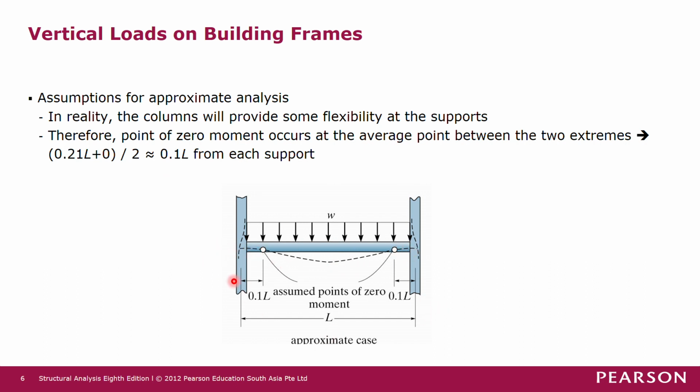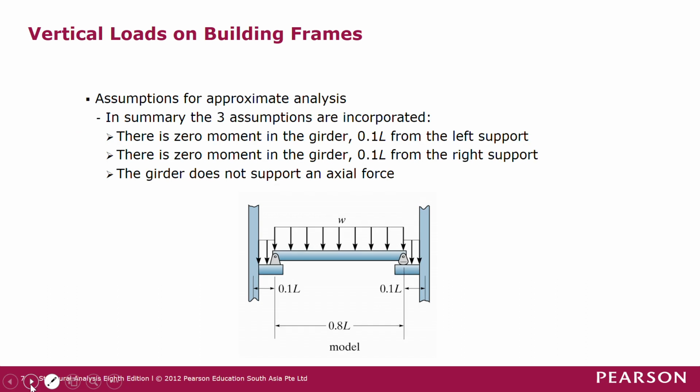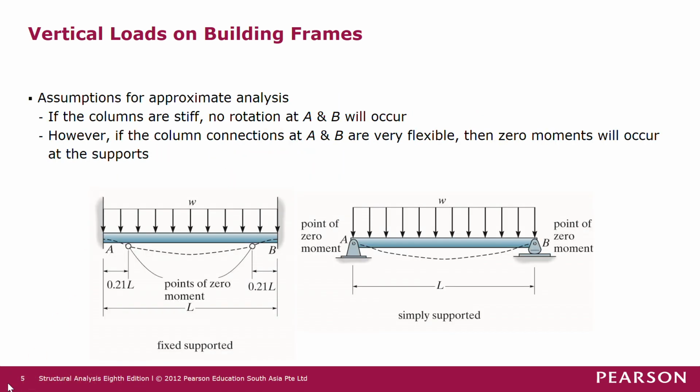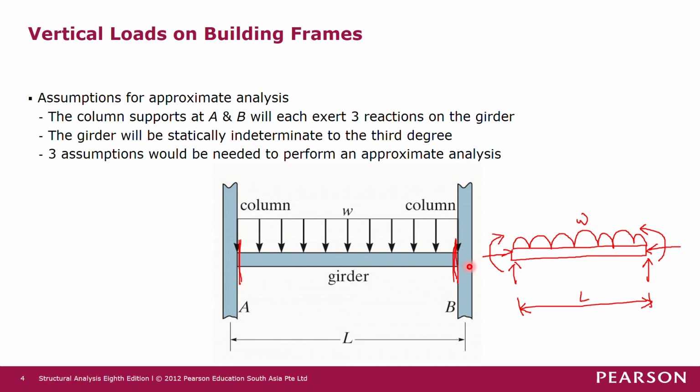So with this assumption, we may simplify the analysis of the girder. So in this case, we need three assumptions from the beginning. We said that we have three extra unknowns more than the available equations. So we have to make three assumptions.